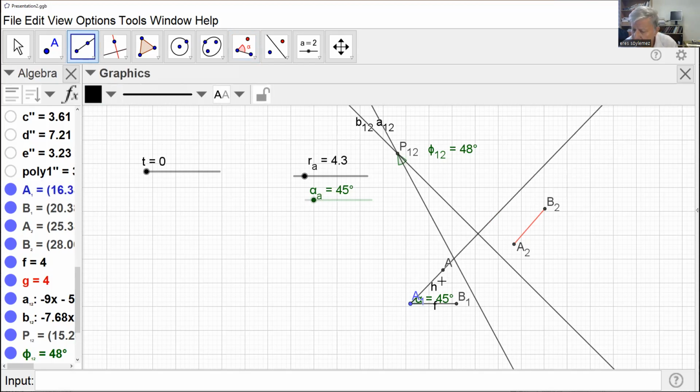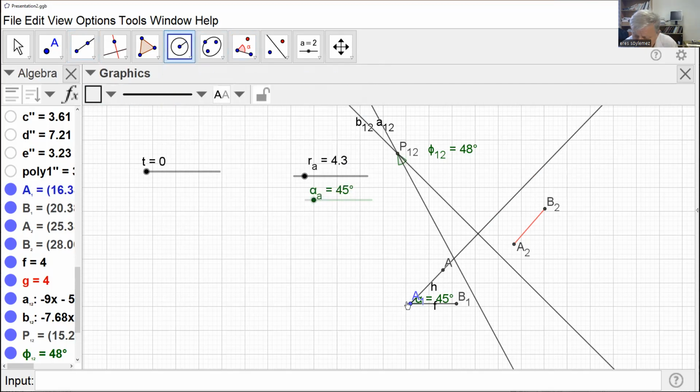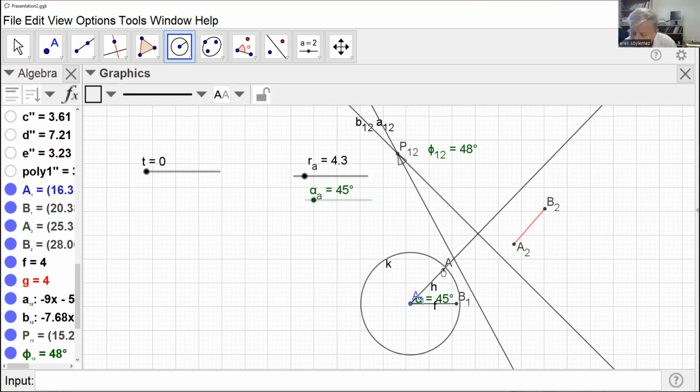This is the line making an angle alpha A. And then I will draw a circle, R dash A. Oh, sorry, it has to be small. Correct? Oh, sorry.